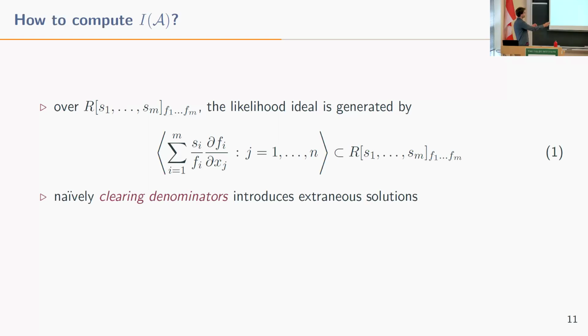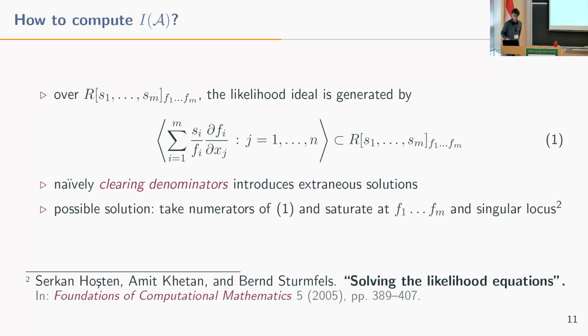Now I can, of course, just clear the denominators, but this will introduce extra solutions, right? This will introduce solutions where the fi's vanish, but I've excluded them from my likelihood correspondence. So what can I do? Well, I can saturate along these fi's and along the singular locus, because this was the definition of the likelihood correspondence. I cut out this locus by doing the saturation.